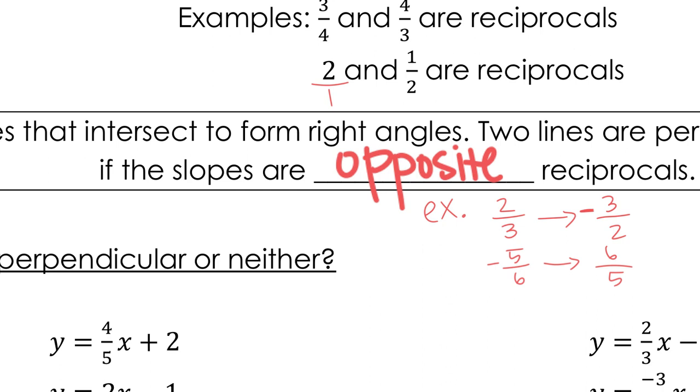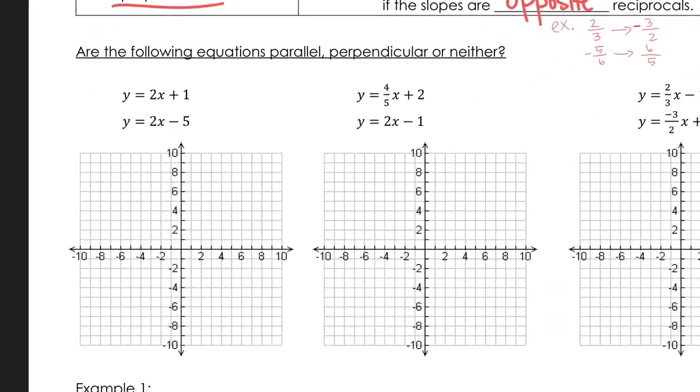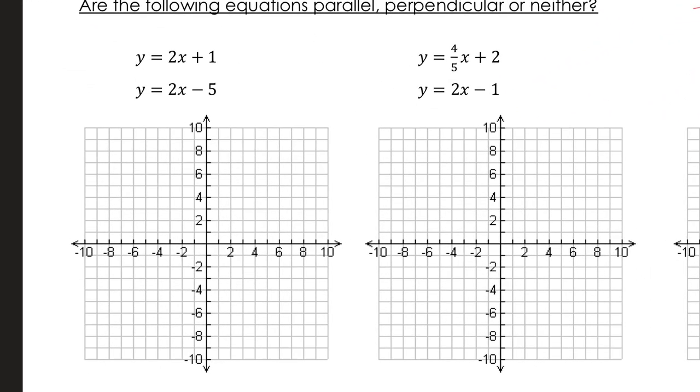Okay, so let's look at some examples. Looking at the first example, let's start by graphing these. So our first equation says y equals 2x plus 1. My b in that equation is positive 1, so I'm going to begin at positive 1 on my graph.